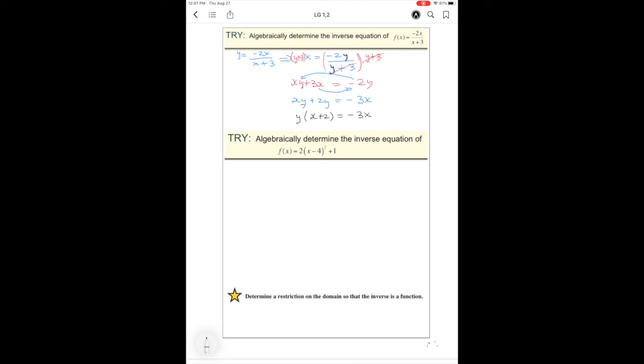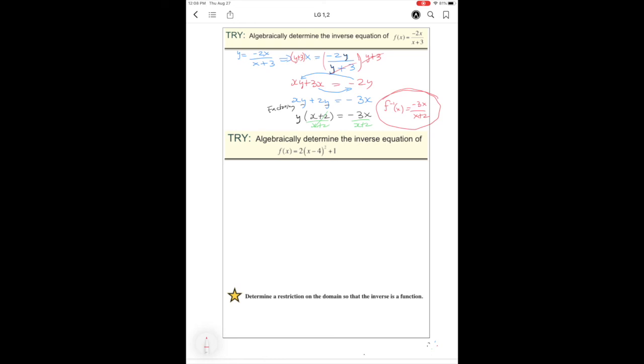See how I went from two y's to that one y, just by factoring. Now I can divide out, and I have my y isolated. And remember to make it f negative 1 of x equals negative 3x over x plus 2. And there is the answer.